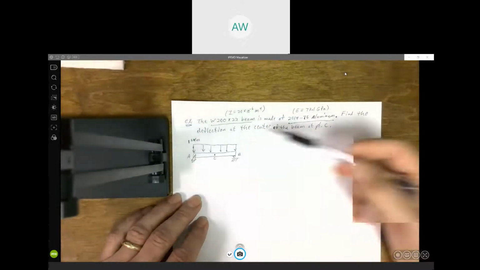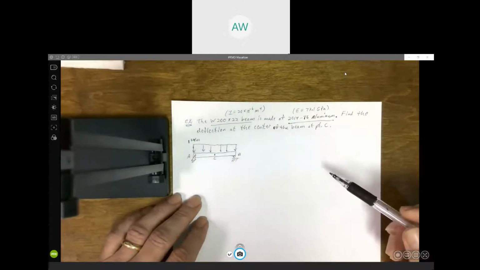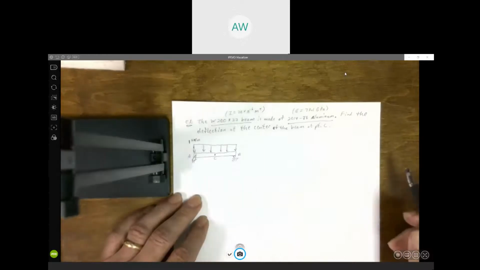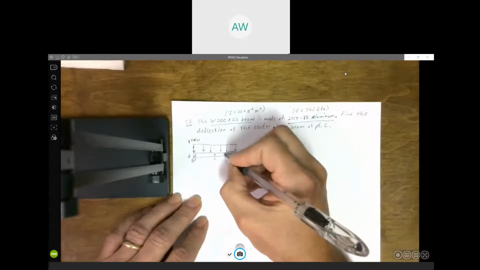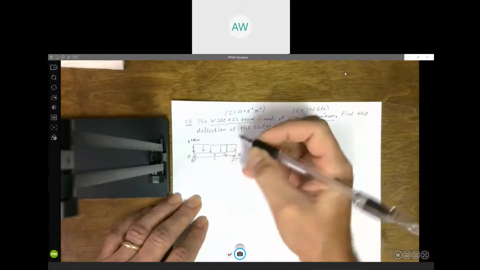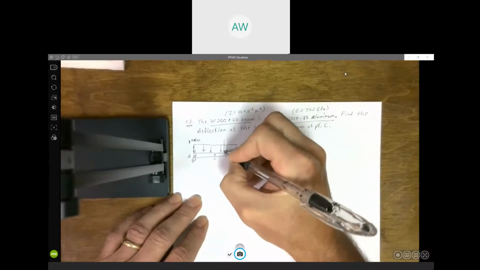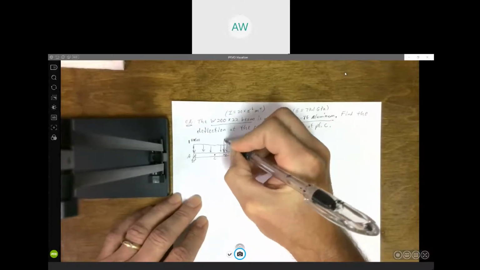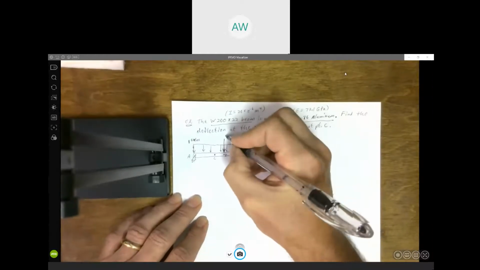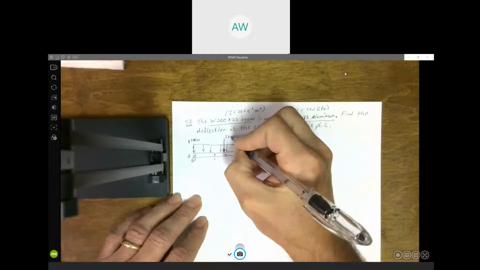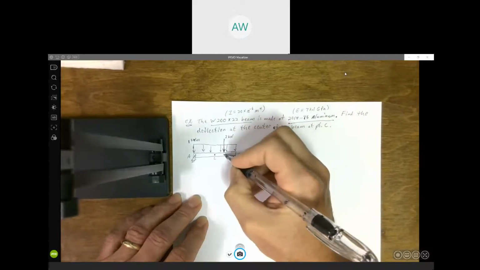But it's constant. 1 kilonewton per meter over the entire length of the beam. And then here at point D, we've got a concentrated force applied. So in addition to the distributed load, we've got a concentrated force of 2 kilonewtons acting at point D.